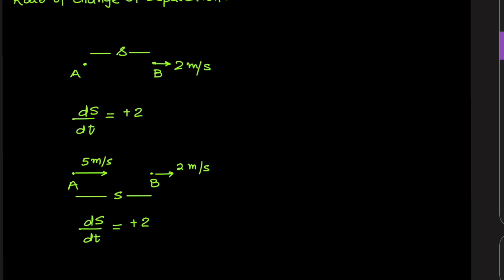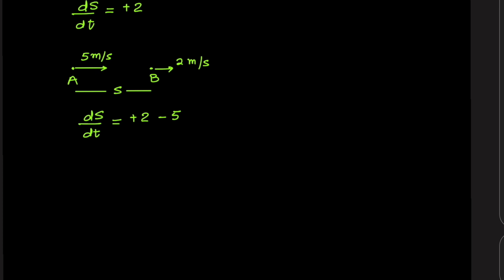So the velocity of B is increasing the separation, so it comes with a positive sign. While when A moves, it will decrease the separation and therefore its velocity will come with a minus sign. So overall it's a negative quantity, which implies that separation will decrease with time at the rate of 3 meter per second.